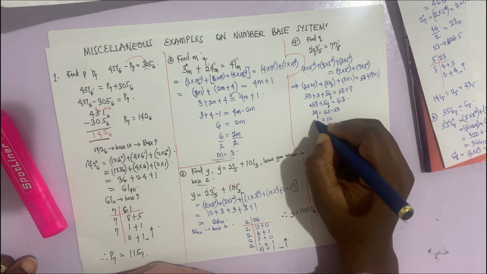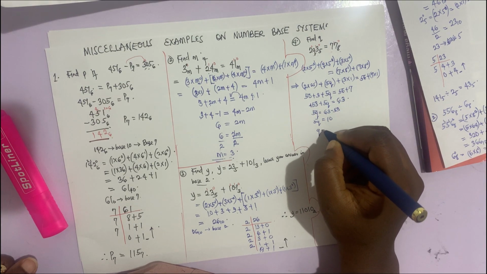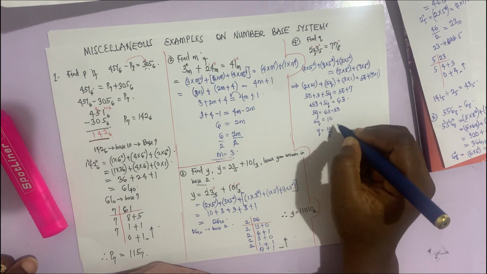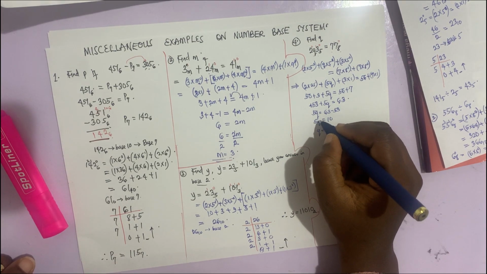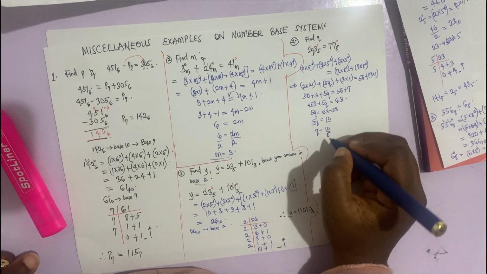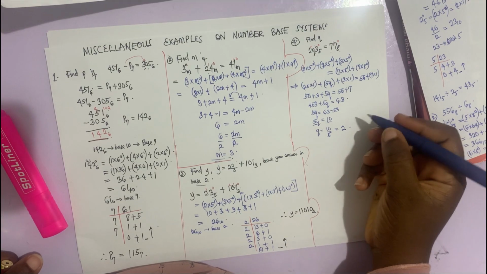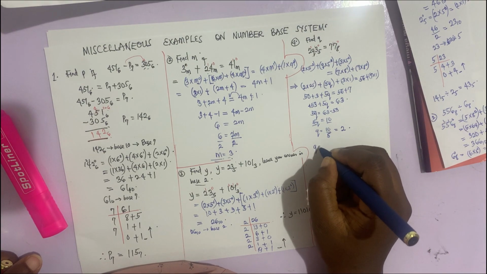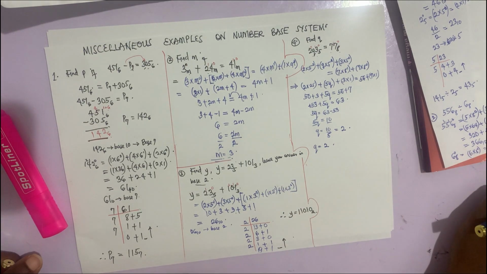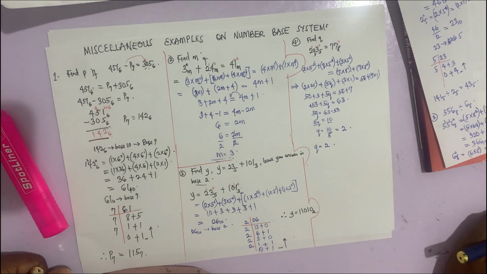So we have 10. So q is 10 divided by 5, because 5 is the coefficient, if you divide both sides by 5, and this will give us 2. So q is equal to 2.